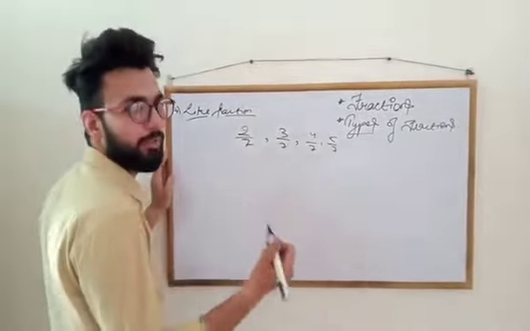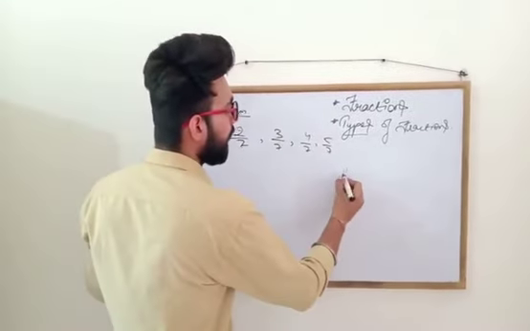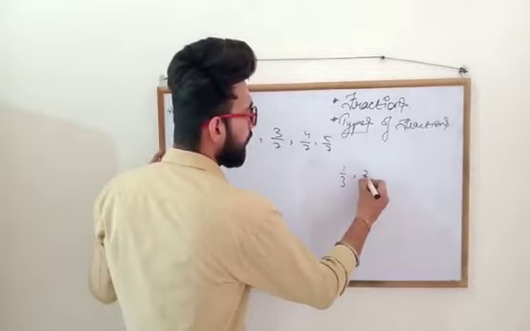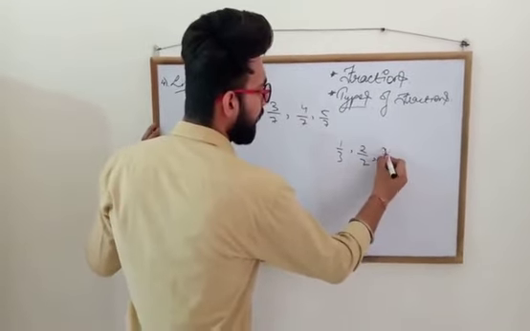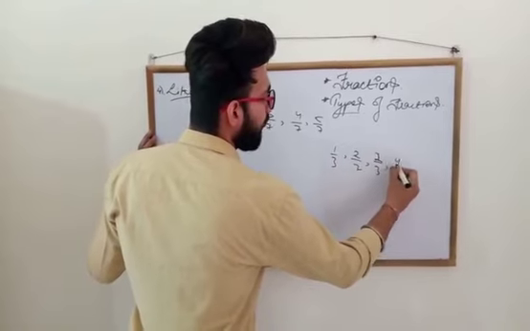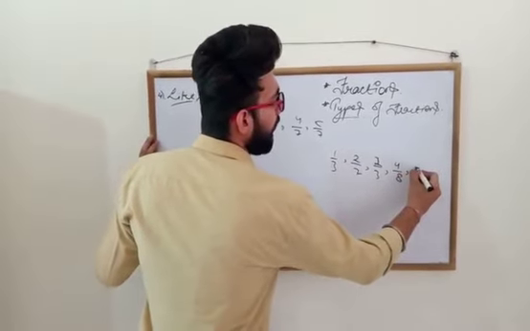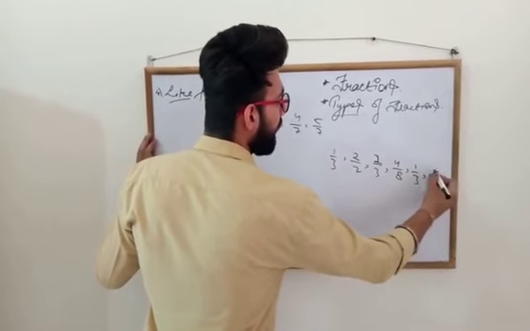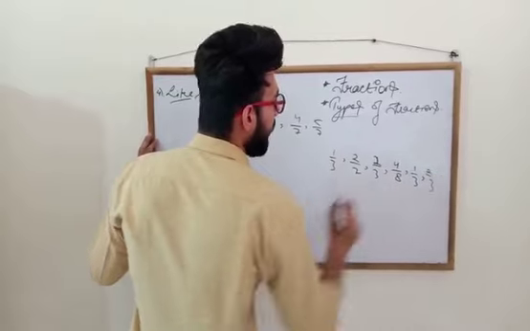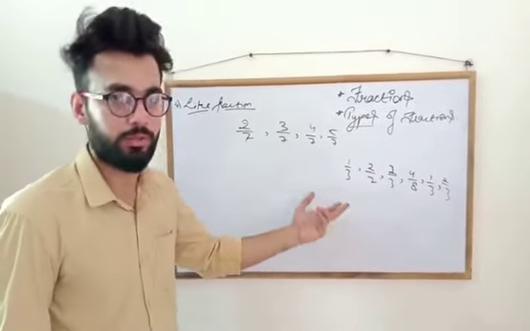Basically, there are a set of questions in which many fractions are given, like 1/3, 2/7, 2/3, 4/8, and again 1/3. Repeated ones are also given, 2/3. Okay. So in this format, basically we need to find out the like fractions.